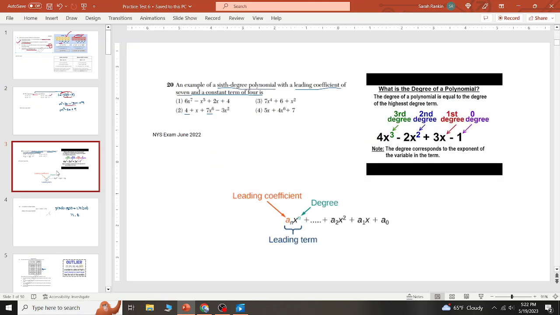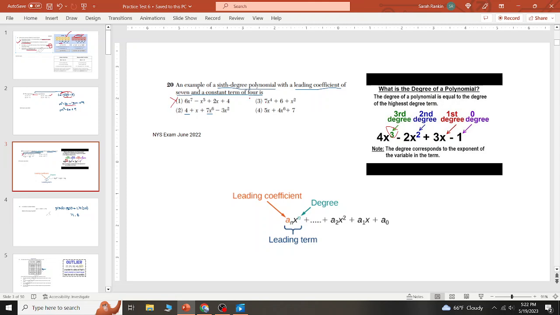All right, the next one, an example of a 6th-degree polynomial with a leading coefficient of 7 and a constant term of 4. So the degree is whatever your highest power is. You can see an example here, it's 3. So we're looking at something with a highest power of 6. That rules out number 1 because its highest power is 7.